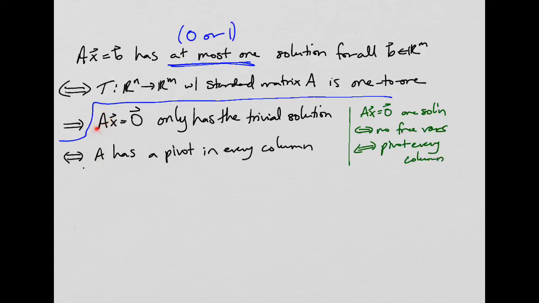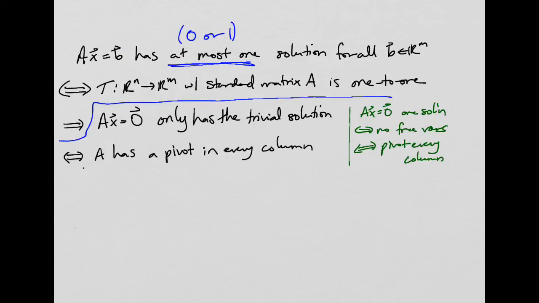So that's why these two statements are equivalent. And now if you have a pivot in every column of A, that implies that this equation, no matter what B is, will always have at most one solution. If you have a pivot in every column of A, there are no free variables. No matter what you put here, you will never have a free variable in this system, no matter what B is. So you will always either have no solutions or one solution. You will not have infinitely many.